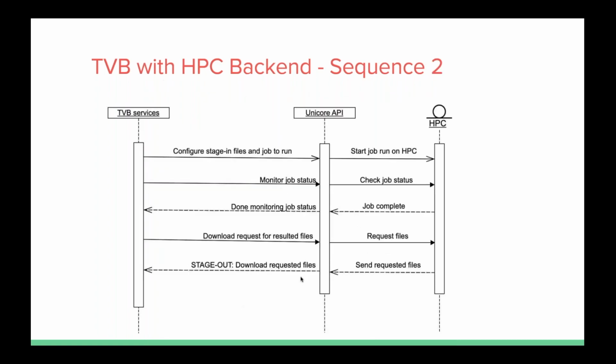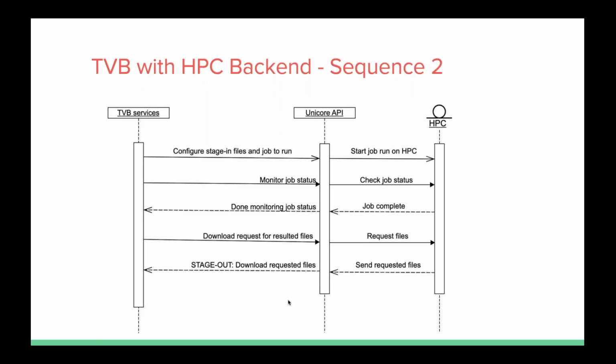In the next slide, I have briefly described the messages that are passing with the HPC backend through PyUnicore API or Unicore, where we start a job on the HPC, we monitor it, we might receive a job complete status, and then we request the files and send back the results.